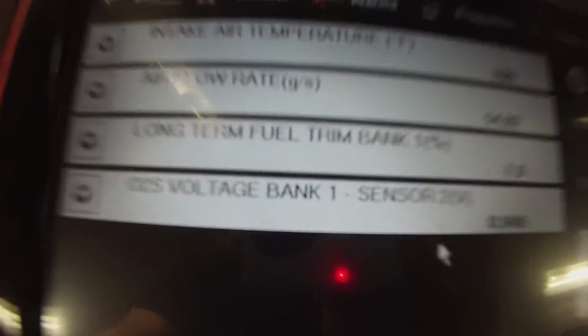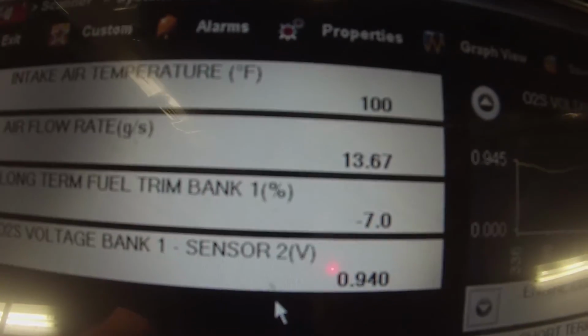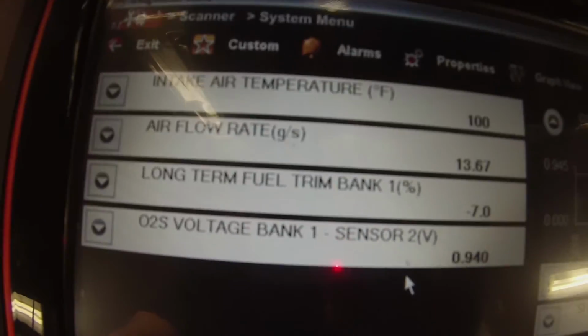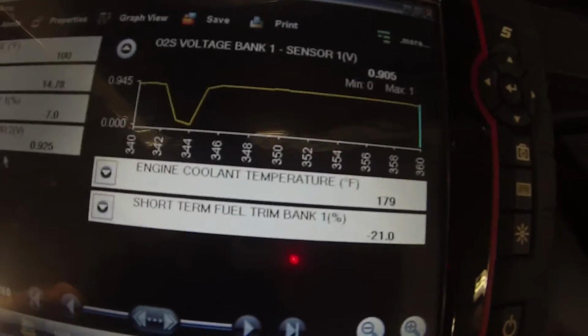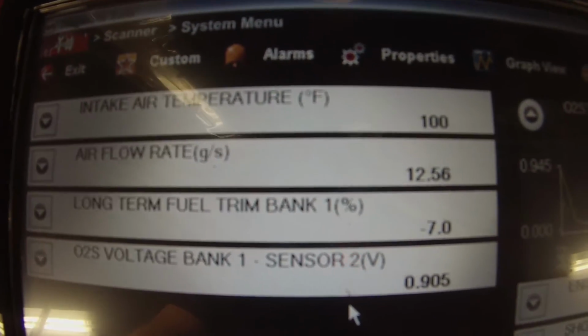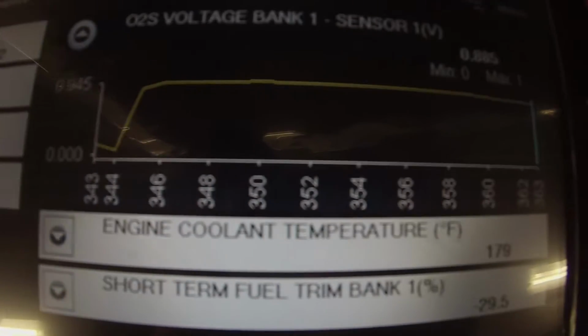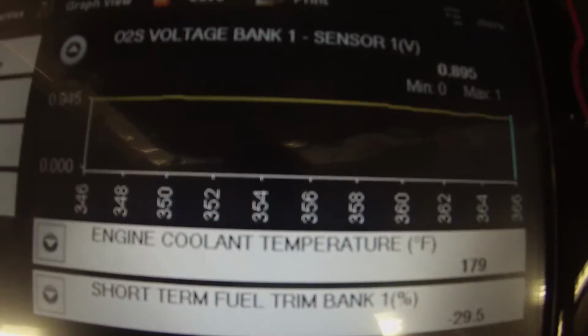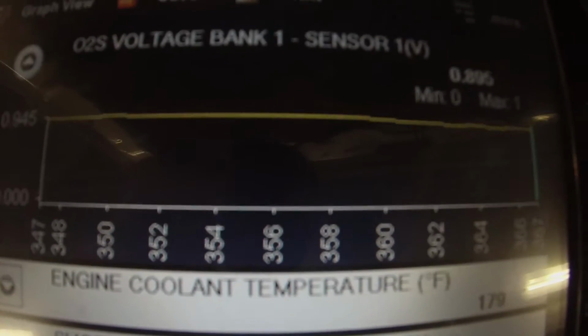Right now my mass airflow is reading really high because the computer is opening the throttle to allow more air to come in for this rich condition that it's picking up. So there's my negative 30. O2 fixed 895.